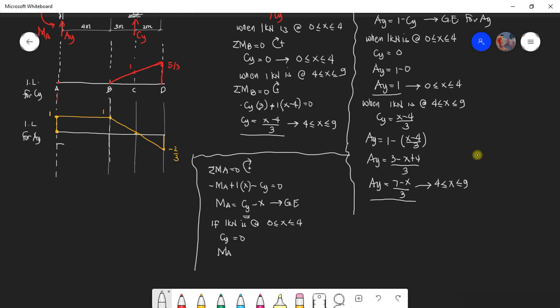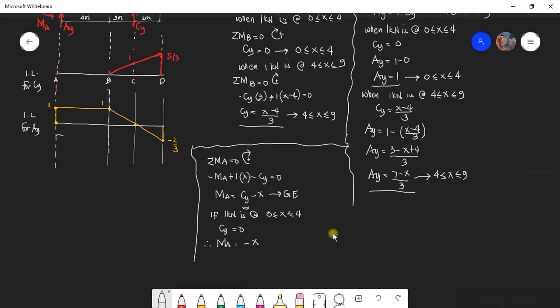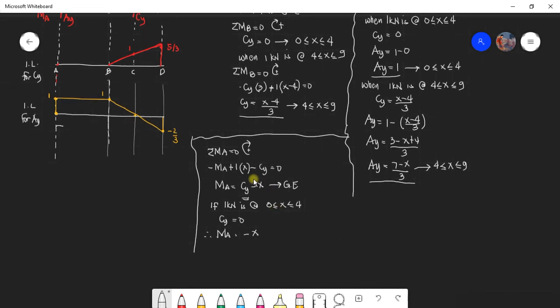So, MA is, therefore, equal to negative X. Okay, so this is the general equation. Baliktad. Sorry, baliktad yung pinag-transpose ko. Dapat pala, mali yung pinag-transpose ko pala yon. Sorry. Balik tayo dito.